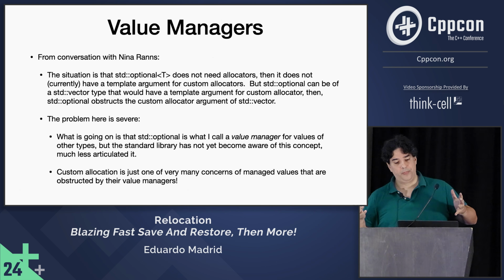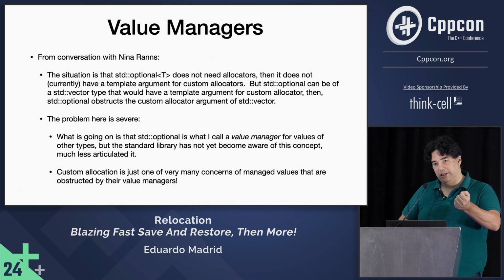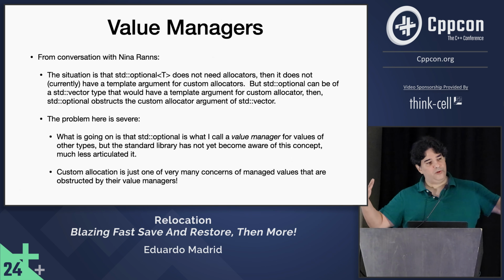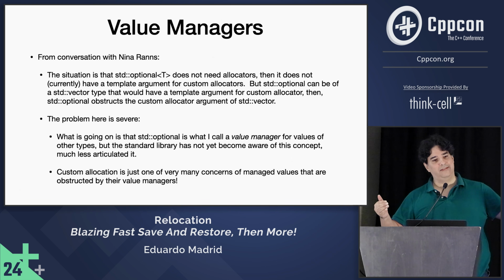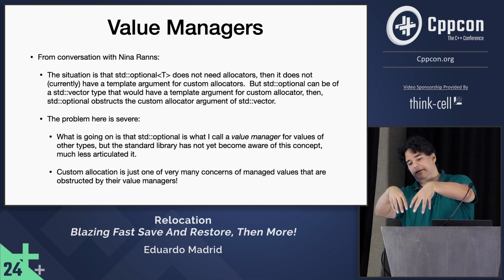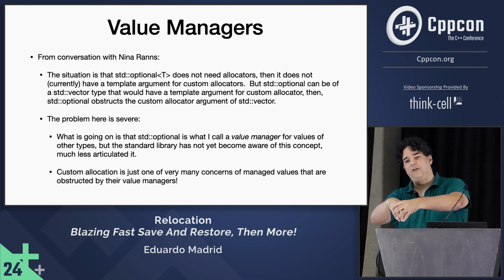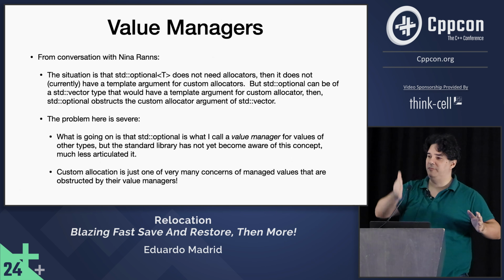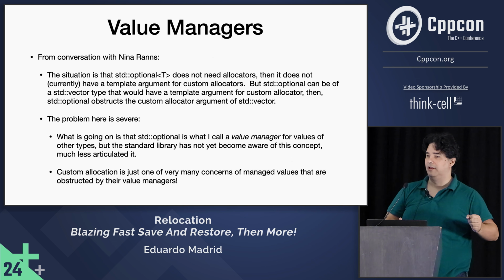So currently, when you have something like an optional that internally has a value of a different type, there is absolutely no way to access the internal concerns, the internal template arguments of the thing that is going to be inside, from the outside. There is a hard block that prevents this in the middle.